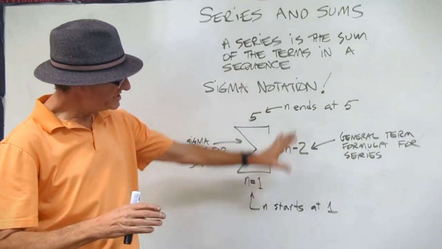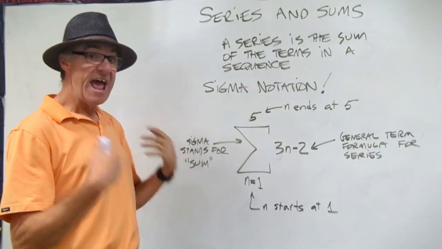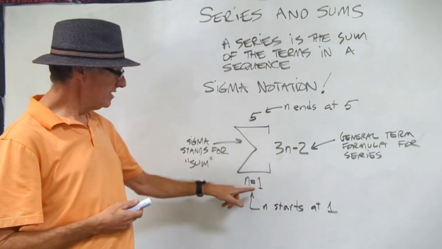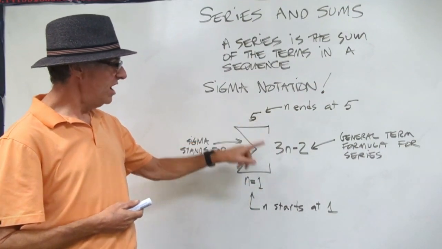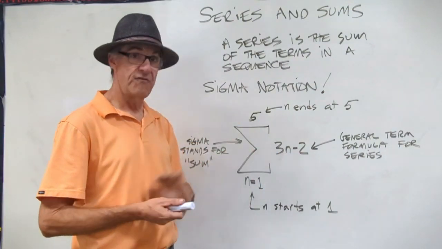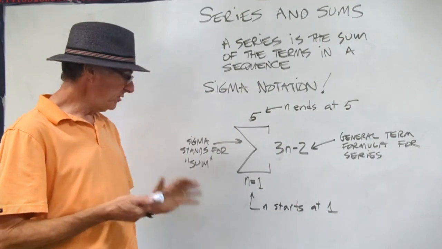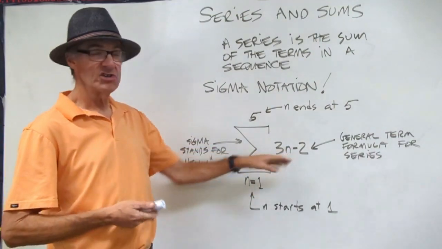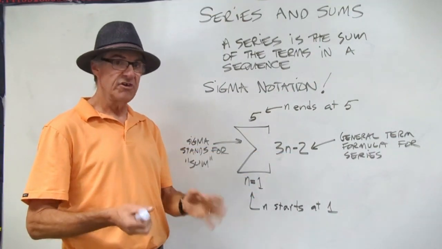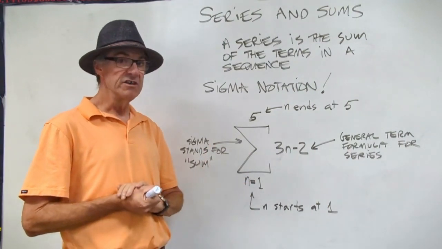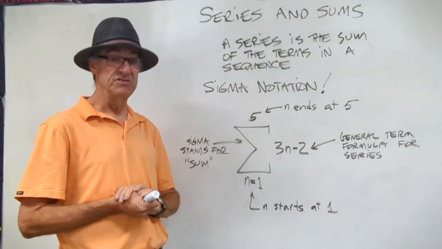So what this is telling us to do is add up all the terms from 1 to 5 of this formula, okay? So we're just going to plug in our n's and make our terms and add them together. So before I do that, I want you to pause the video and do that.